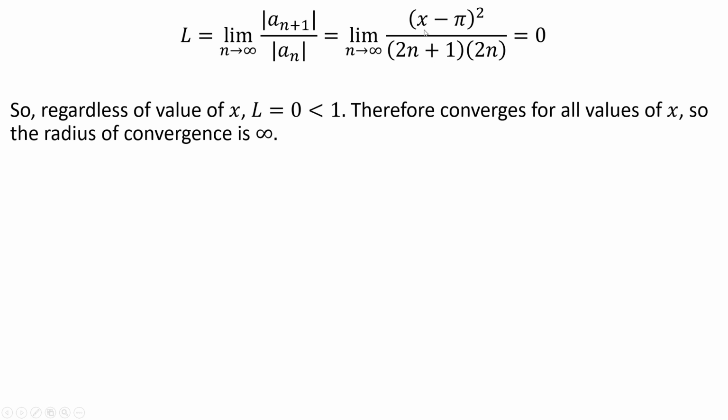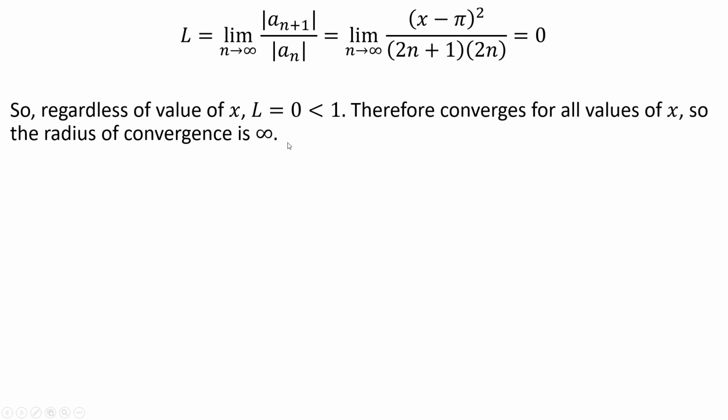Therefore, given any value of x, this limit L is equal to 0. So regardless of the value of x, L is equal to 0, and it's always less than 1. Therefore, L being less than 1 means that this always converges, and as it always converges, the radius of convergence for sine of x is infinite.